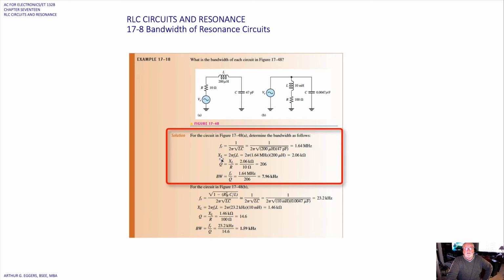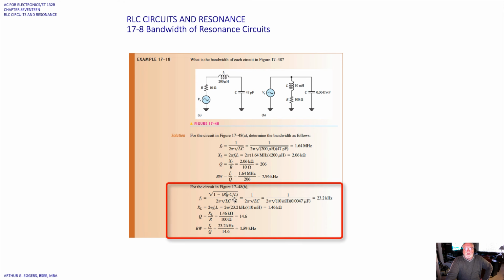The inductive reactance then is 2.06 k ohms. So we can calculate the Q from that, 2.06 k ohms divided by the value for the resistor, 10 ohms, gives us 206 for our Q. From that, we can calculate the bandwidth at 7.96 kilohertz.